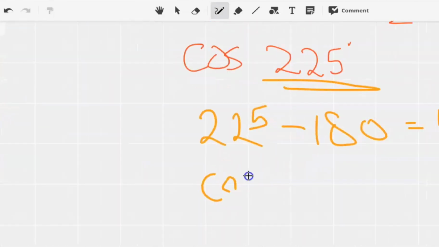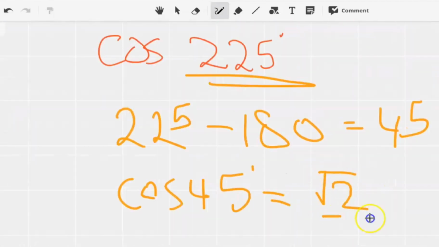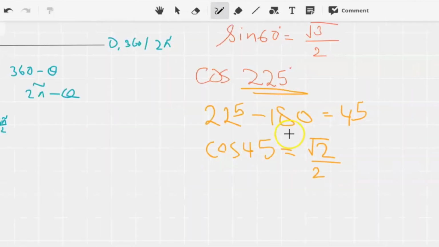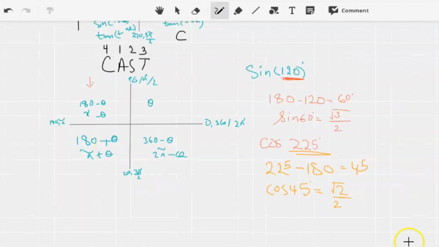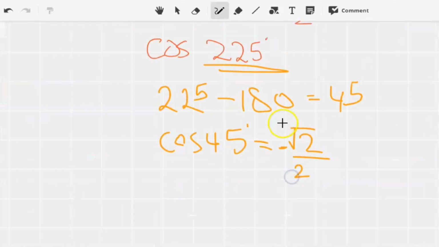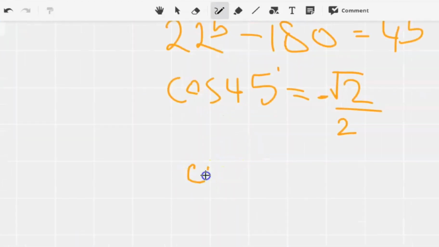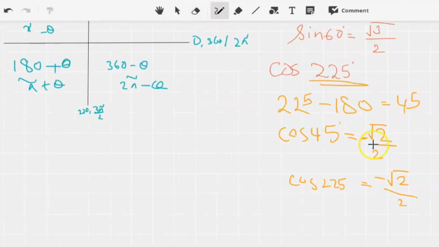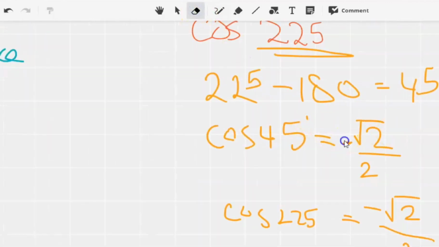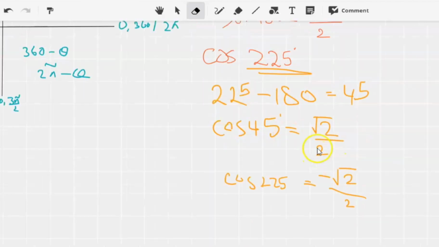So that means cos 45 is equal to root 2 over 2. Now you have to check if cos is positive or negative in this quadrant. In this one only tan is positive, so that means cos is negative. So you are going to put negative, and you can rewrite your answer. Cos 225 is equal to negative root 2 over 2. You don't need to write cos 45 as negative root 2 over 2. Just write cos 225 is equal to negative root 2 over 2.